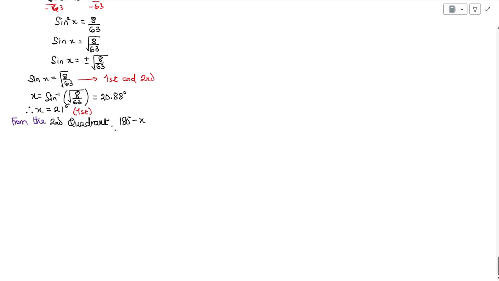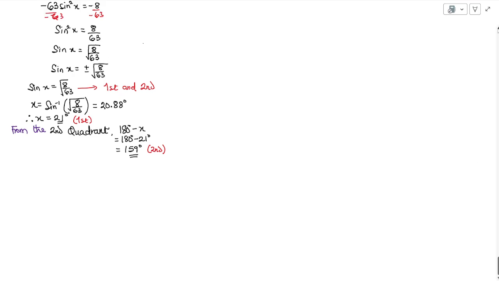So this gives us 180 degrees minus 21 degrees, which gives 159 degrees as the answer for the second quadrant. Now let us go back to our solution. We realize that we have the positive and negative sides: the positive square root of 8 out of 63, and the negative of the square root of 8 out of 63.